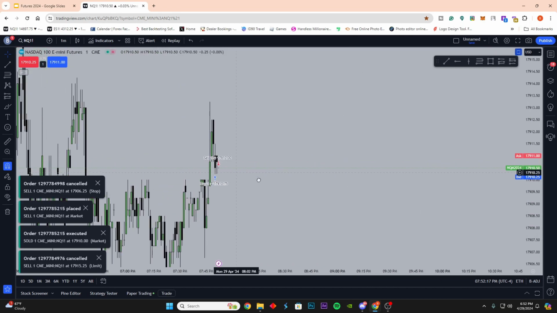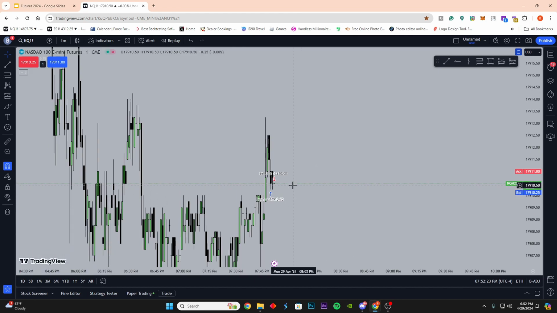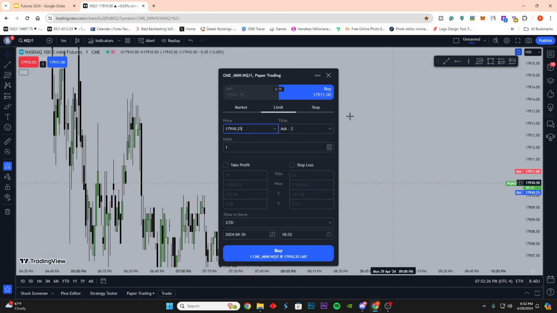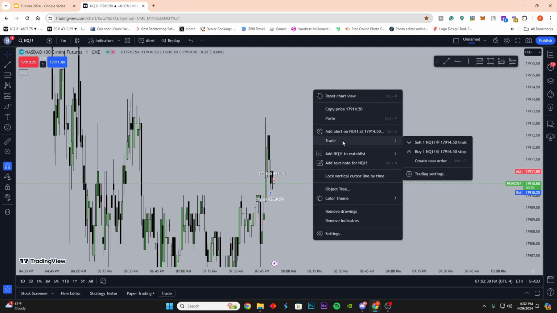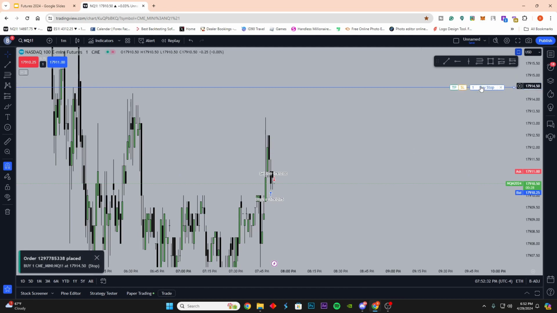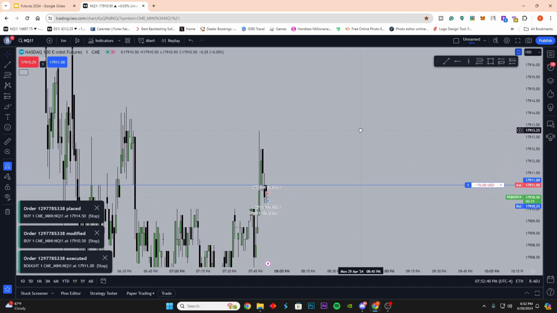And another way, if you don't want to do a market order and you just want to get at a specific price, you would right click here, create new order. You could do it that way, or I would do trade buy right here, and then drag it down to right here so I get filled right away, and just like that, I set a limit order and got filled.